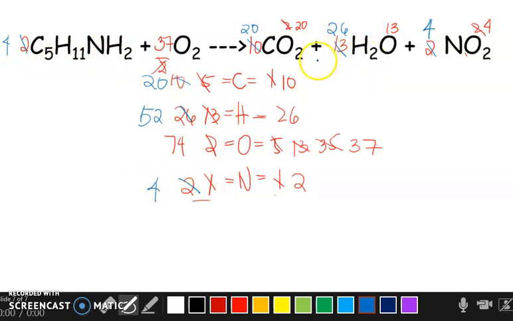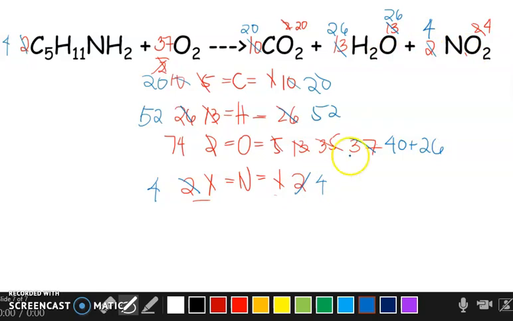And then to try to solve the other things, so 20 times 1, your carbon is going to be 20. 20 times 2, your oxygen is going to be 40. Plus, okay, 26 times 2 is going to be 52 as well. And then 26 times 1 is going to be 26. So 40 plus 26.